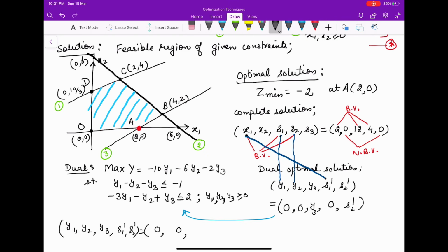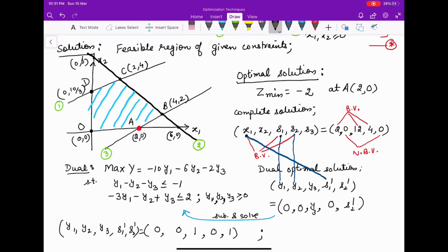We want to substitute and solve. So we get the solution as 0, 0, 1, 0 and 1.